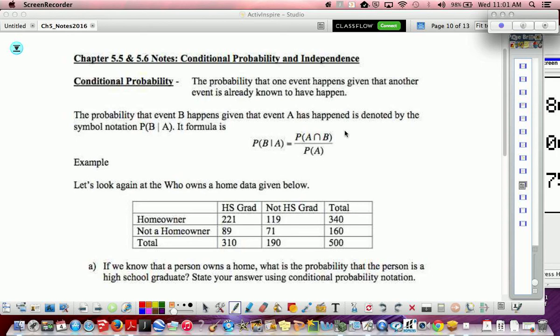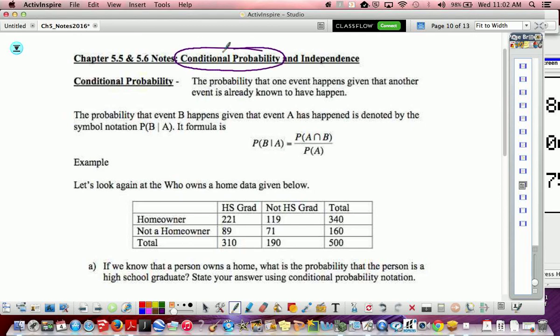Today, we're going to focus on two more things. One we've already talked a little bit about, but the biggest key that we're going to focus on today is conditional probability. When we're talking about a conditional probability, we're calculating a probability when given some known information.